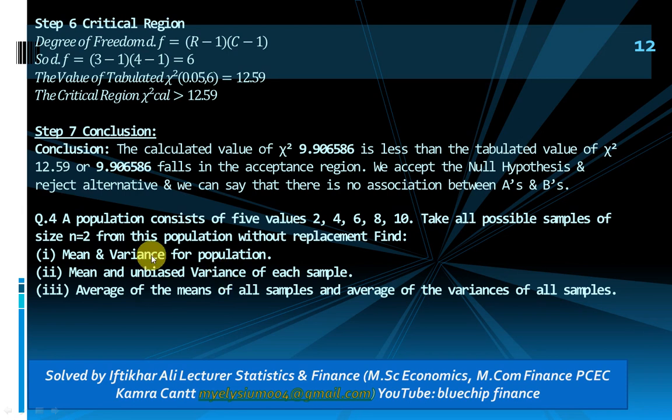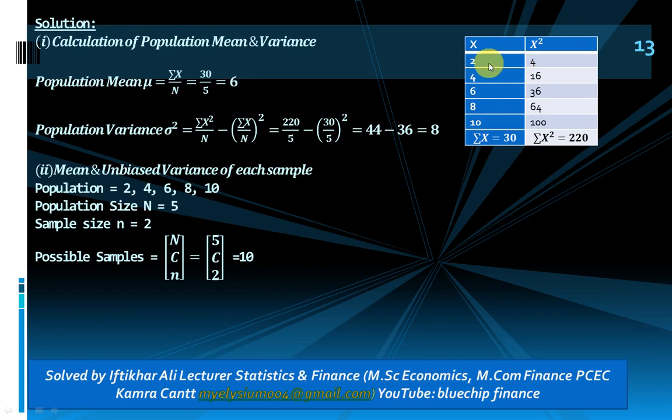So first of all, we are going to calculate the mean and variance for the population. So the population is 2, 4, 6, 8, 10. Sum of x is 30 and sum of x square is 220. Population mean is equal to sum of uppercase X divided by uppercase N, 30 by 5 equals 6. N is 5: 1, 2, 3, 4, 5.